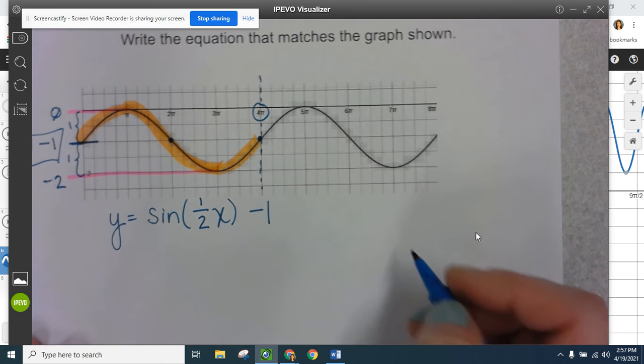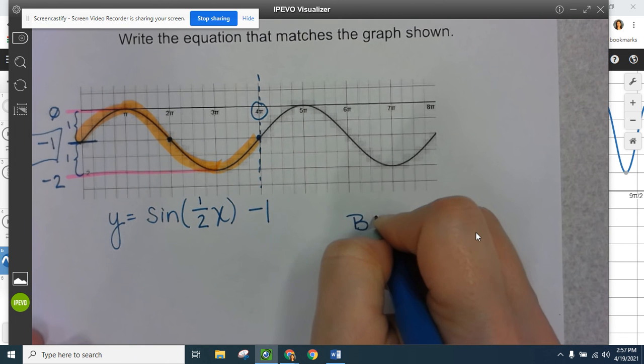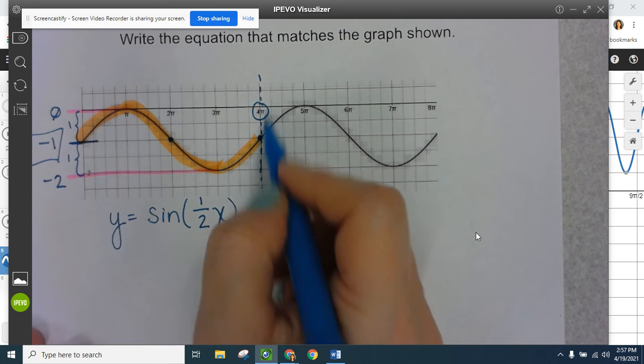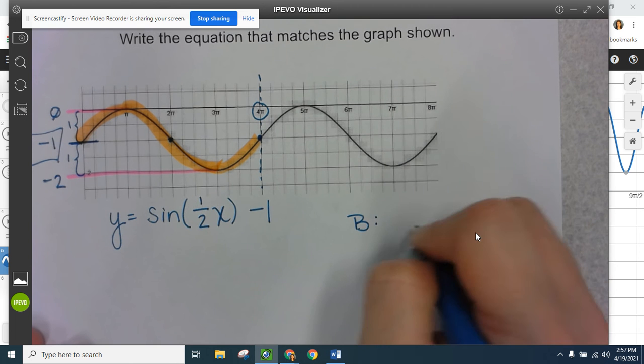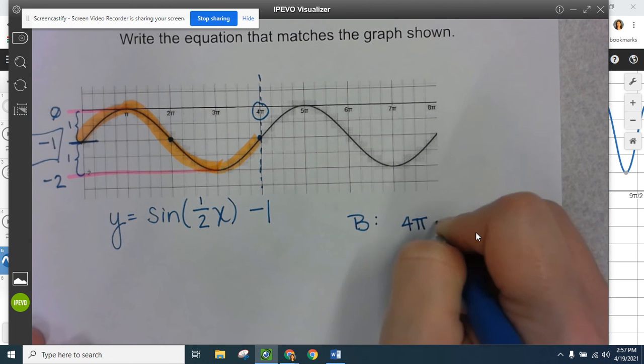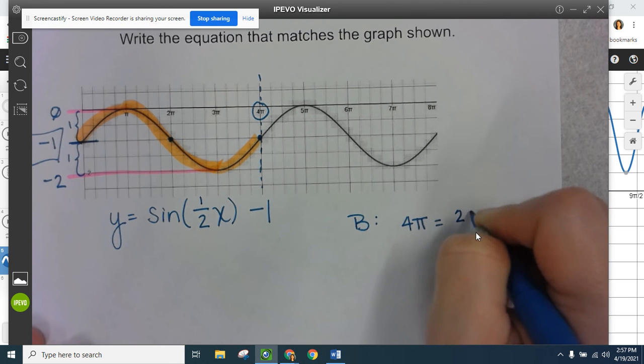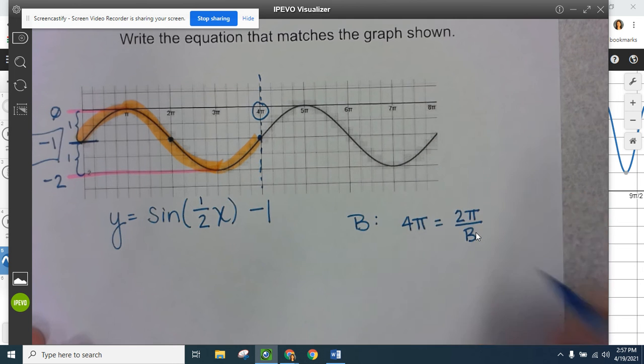Now, there is another way you can find b. If you know your ending value for your period, that's 4 pi, and I got that by doing 2 pi divided by b.